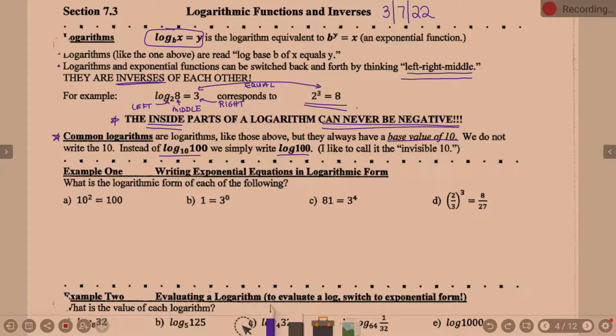So, with that in mind, 10 squared equals 100. That's our statement, right? 10 squared does equal 100. We want the logarithmic form, so I want to write log base some number of some number equals some number.